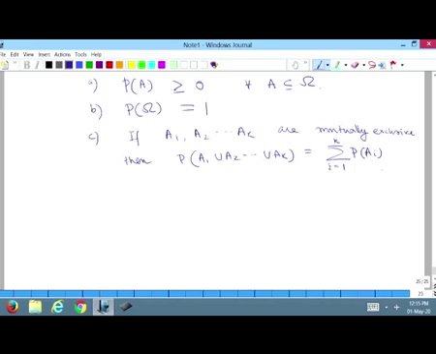So, these are the basic definitions which allow us to compute probability.